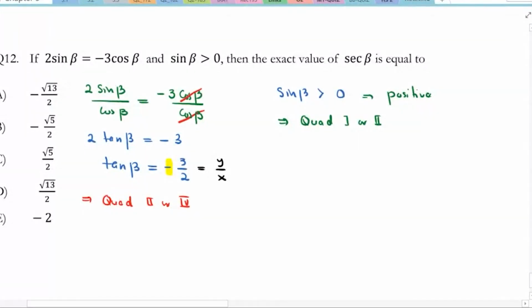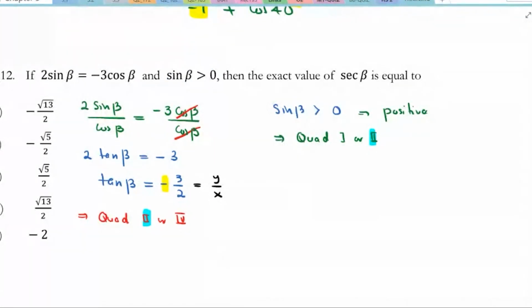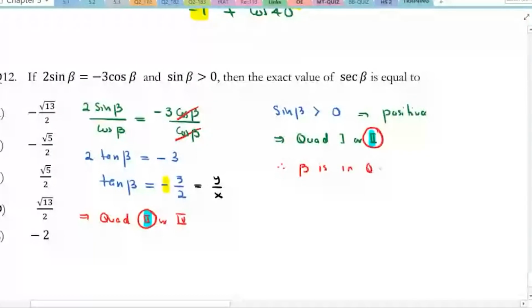Now, which quadrant is common to both of them? Quadrant number 2. The question tells us the sine of beta is positive because it says greater than 0. Greater than 0 means positive, right? Okay, so that means our angle is in quadrant number 2. So we can say therefore beta is in quadrant number 2.